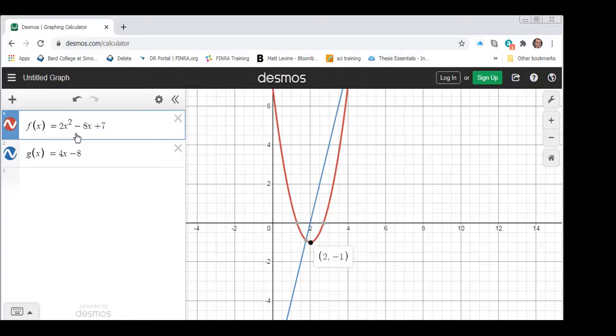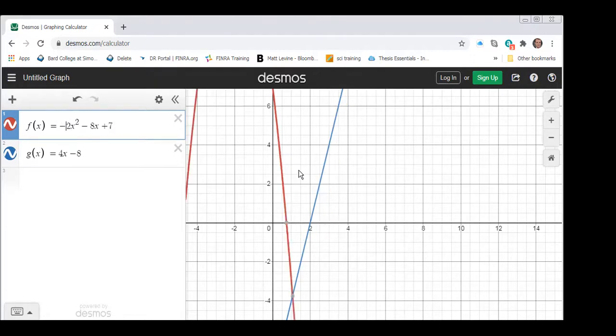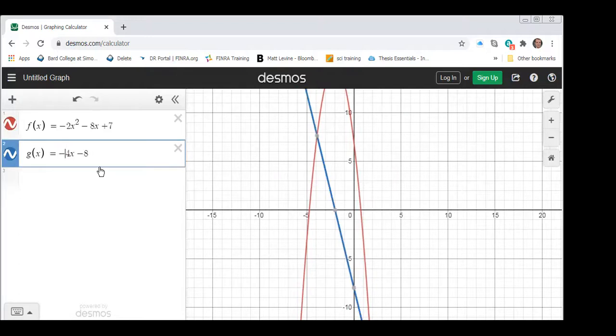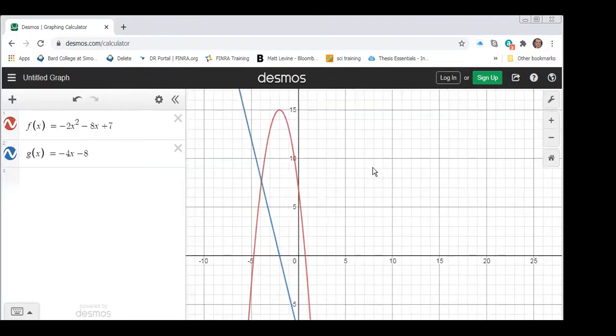And so the first derivative test is telling us something that we already knew, that this had to be a minimum, whereas if you look at negative 2x squared minus 8x plus 7, the derivative would now be negative 4x minus 8. Now you've got the vertex still appearing at y equals 15, and you've got this critical point at x equals negative 2.